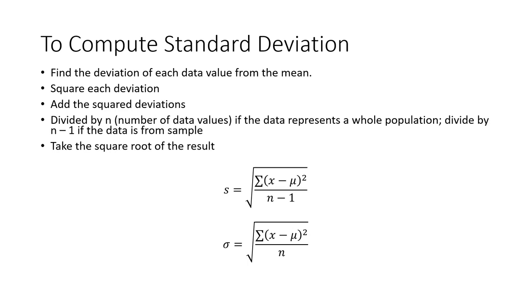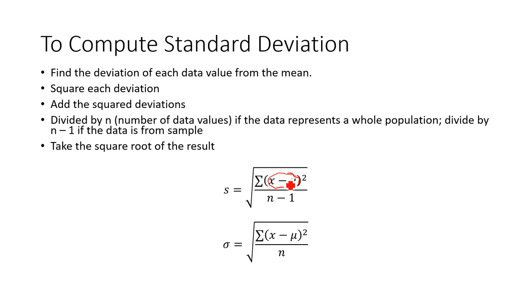So to compute the standard deviation, I have some ugly looking formulas on the screen. But basically what we're going to do is start by finding the deviation of each data value from the mean. So that means we're going to take each data value, which I'm calling x, and subtract the mean from it.